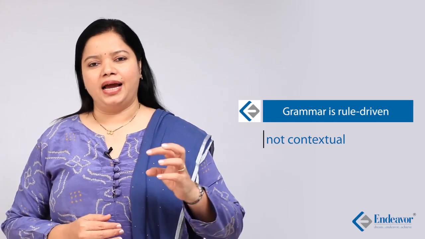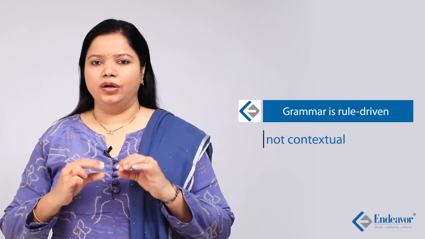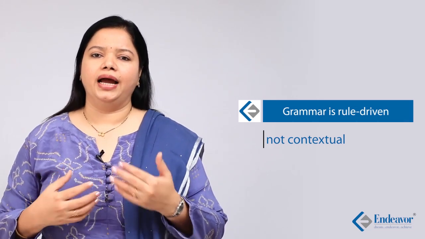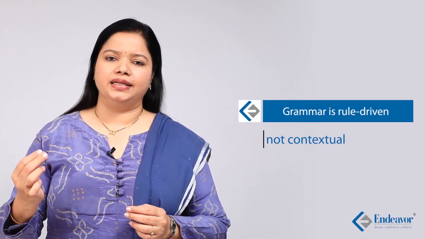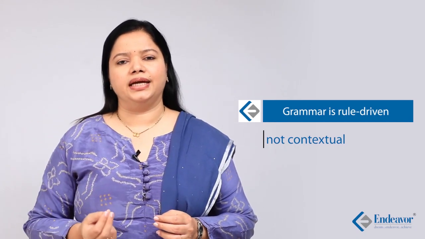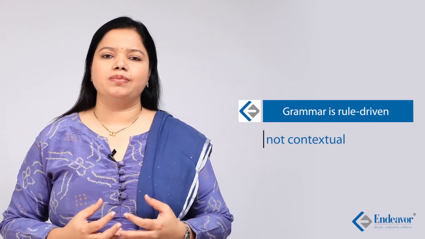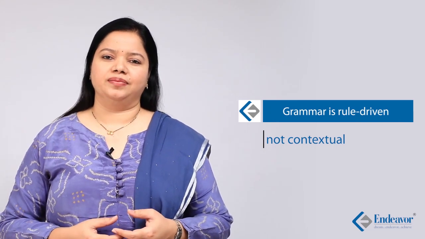In other words, I master a set of rules, I look at a sentence and try identifying the rules not used in that sentence or the rules broken in that sentence in a very, very systematic algorithmic manner.